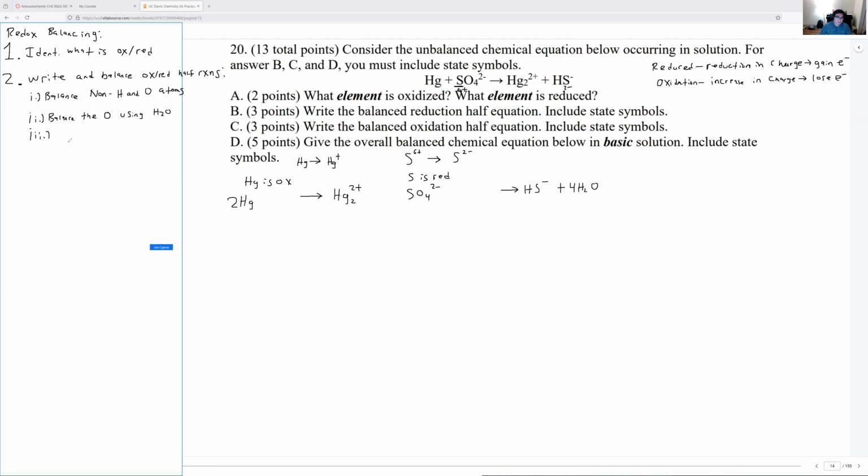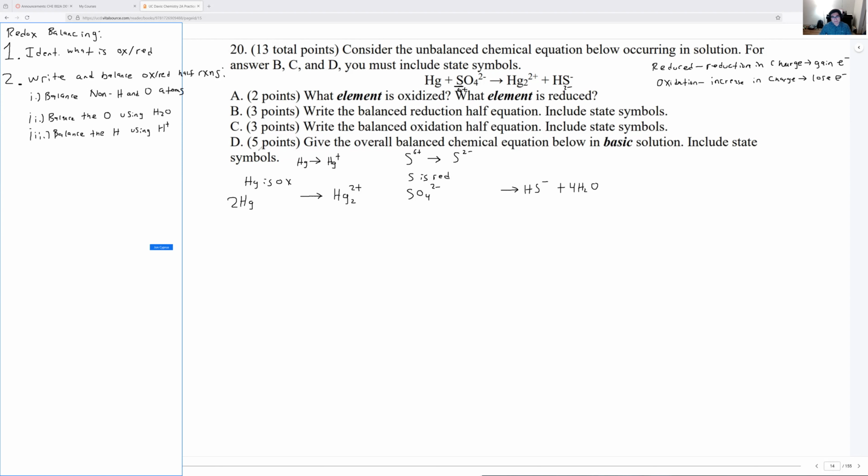step three is to balance the hydrogens using H plus.